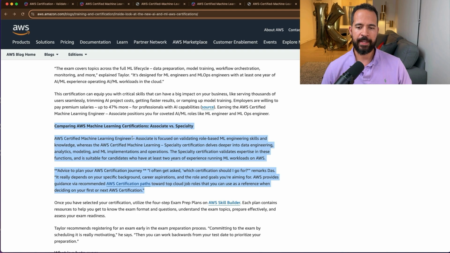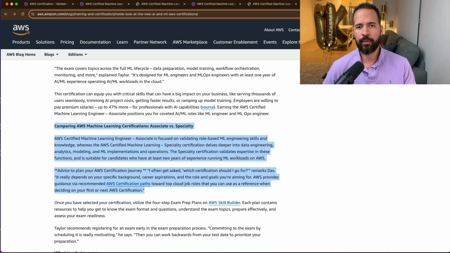It says that the Machine Learning Engineer Associate is focused on validating role-based ML engineering skills and knowledge, whereas the Machine Learning Specialty dives deeper into data engineering, analytics, modeling, and ML implementation and operations. The specialty certification validates expertise in these functions and is suitable for candidates who have at least 2 years of experience running ML workloads on AWS.